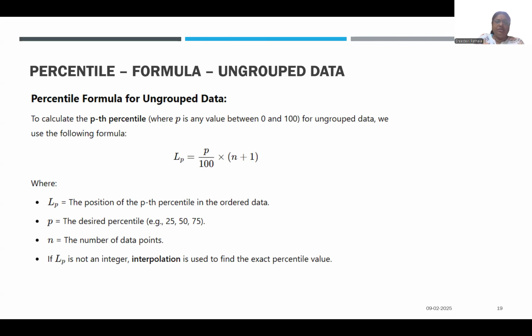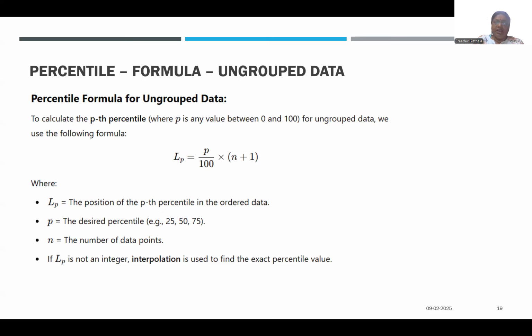So again, let's do it with ungrouped data. What is the ungrouped formula? LP is equal to P by 100 into N plus 1, where LP is the position of the pth percentile in the ordered data. For example, if they ask you to find the 60th or 30th or 21st percentile, then P becomes that percentile, the desired percentile, 25, 50, 75.